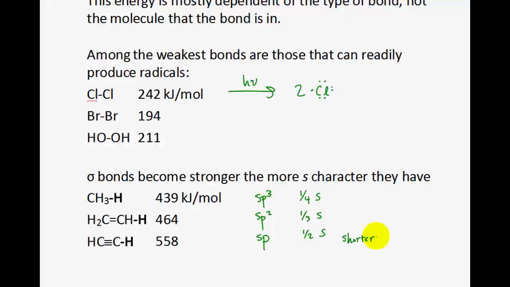If we go the other way, it's easier to break a bond that's longer, because the H is held a little less tightly because it's not quite as close. That electrostatic attraction is weaker the further away it gets. So that's just something that may come up again in the future. Not a huge deal right now, but file that away.